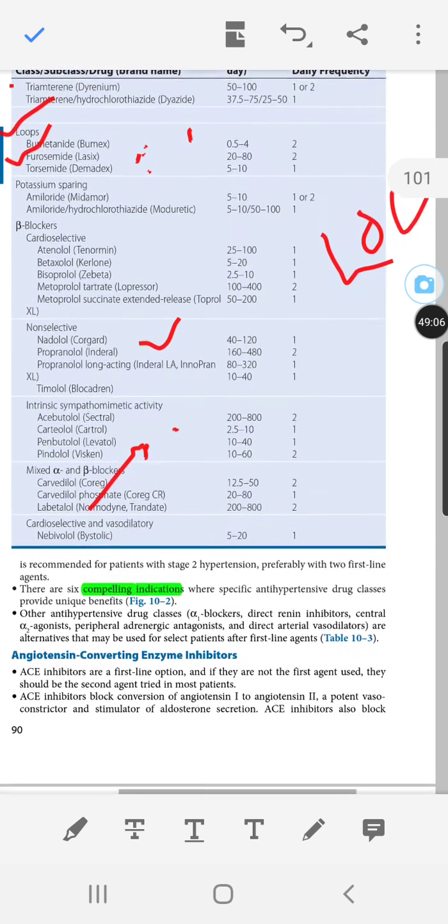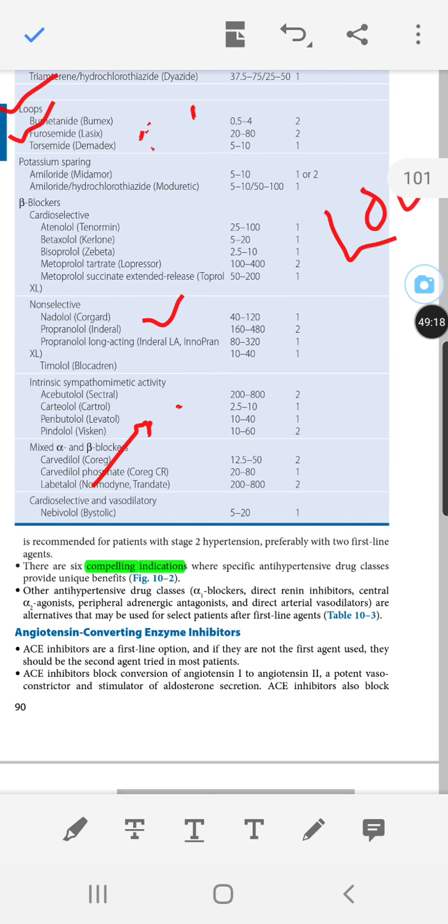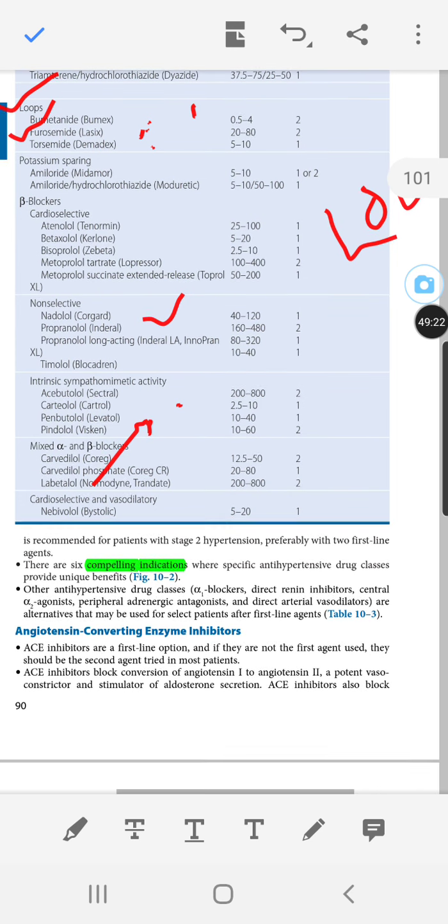The other one is intrinsic sympathomimetic activity. These drugs include acebutolol, which have intrinsic sympathomimetic activity. They are necessary to decrease the blood pressure too. We will discuss it later.